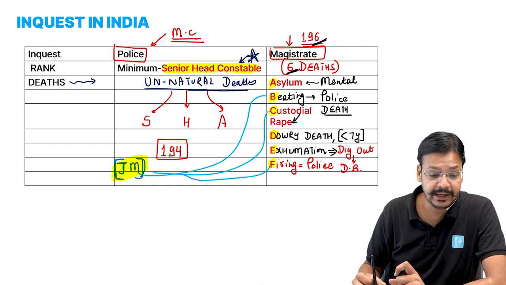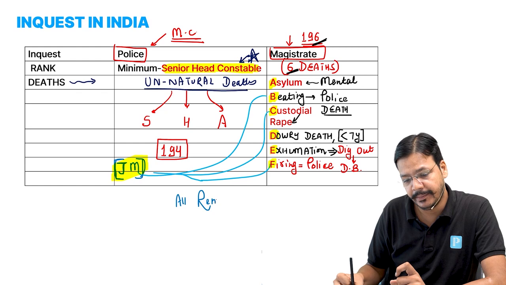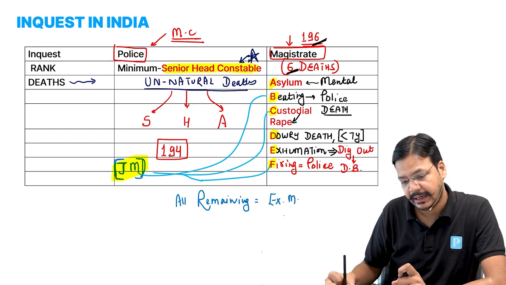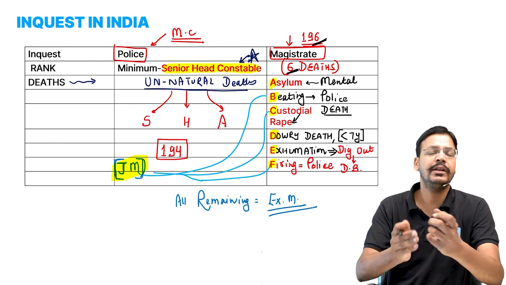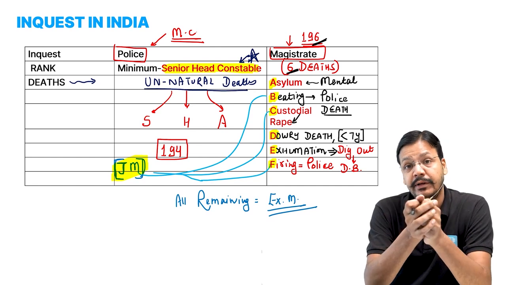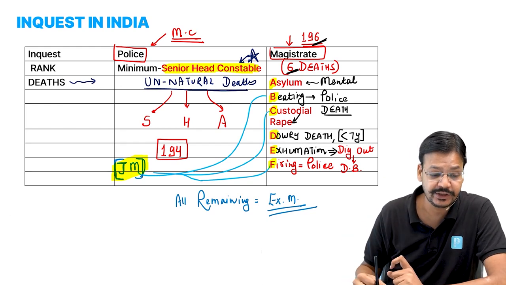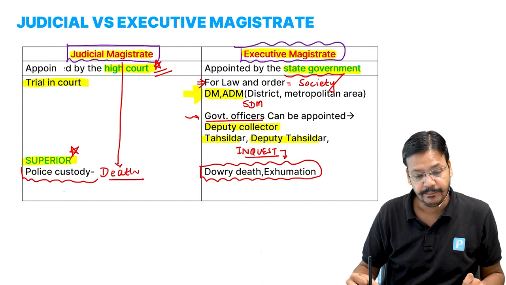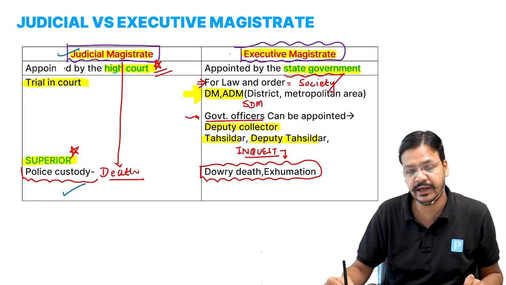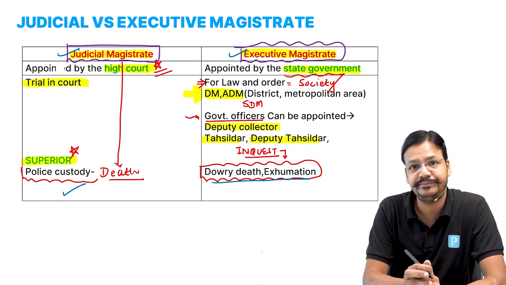In all remaining deaths, listen very, very carefully, the inquest is done by an executive magistrate. What are all the remaining deaths? Death in mental asylum, dowry death, married woman within 7 years, exhumation. This I discussed earlier also: police related death, it's a judicial magistrate; all remaining death, it's an executive magistrate.